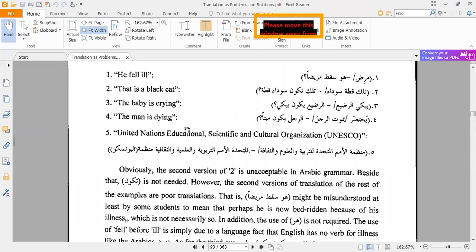Also, "the man is dying", الرجل يكون ميتا. Here literal translation is not acceptable. Why?